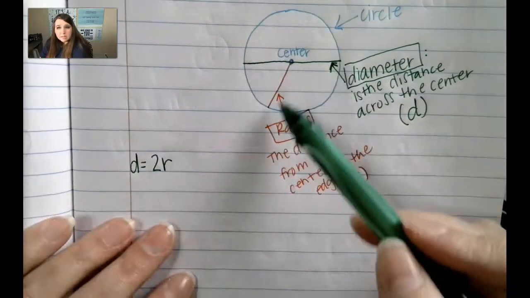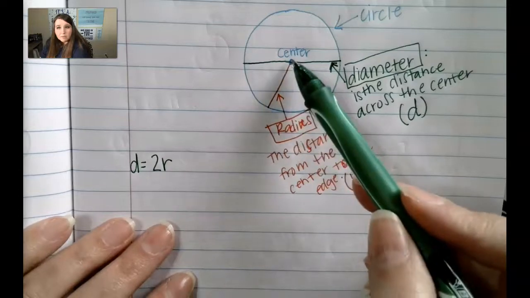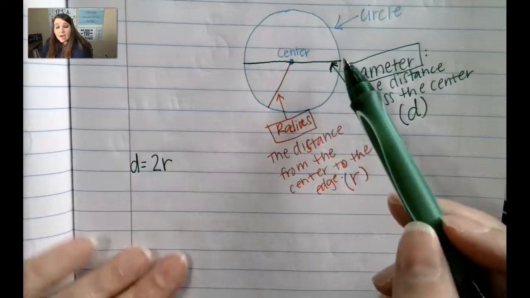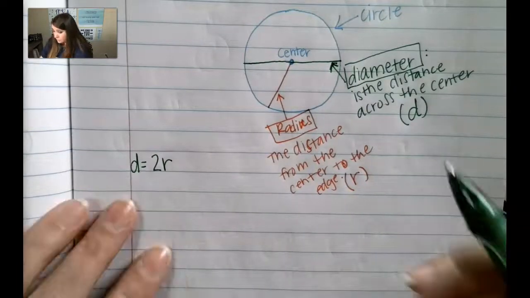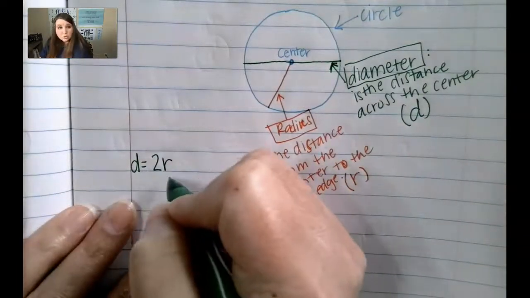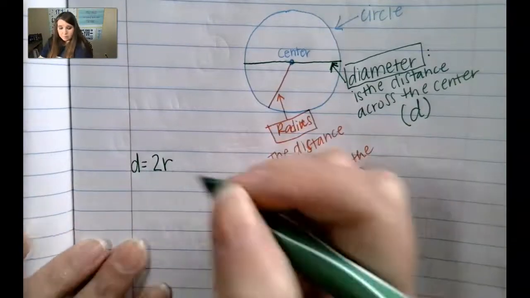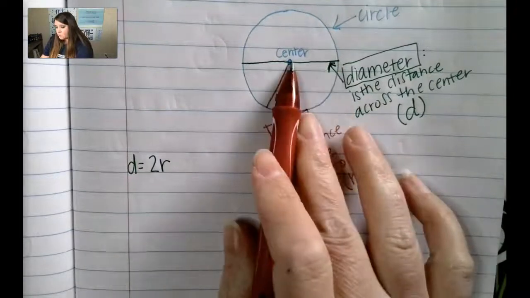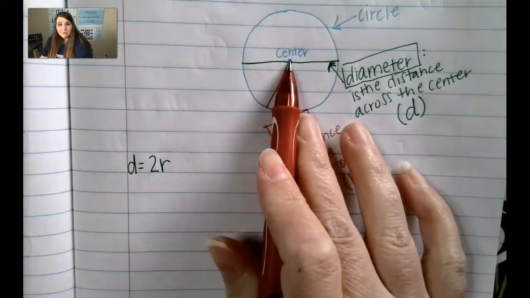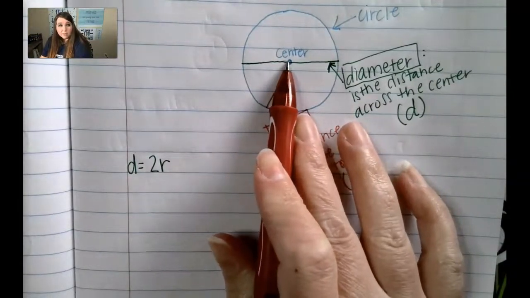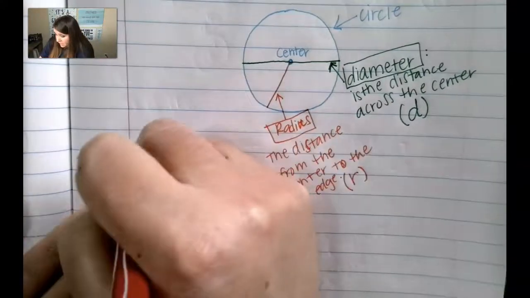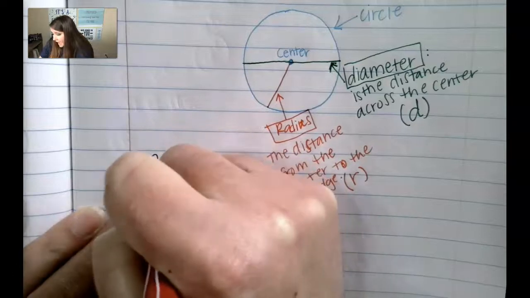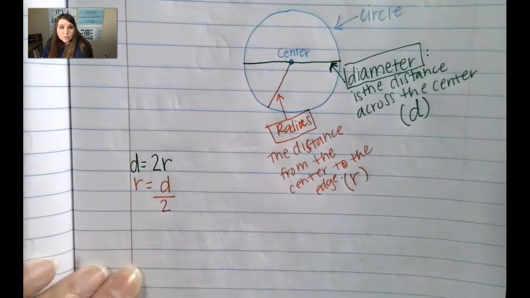If we had a radius here and then we went from the other side and connected it to this edge, you would in fact have a diameter. So D equals 2 times r. And on the flip side, if you were to cut your diameter in half, you would have a radius. So the radius equals the diameter cut in half, or half of your diameter.